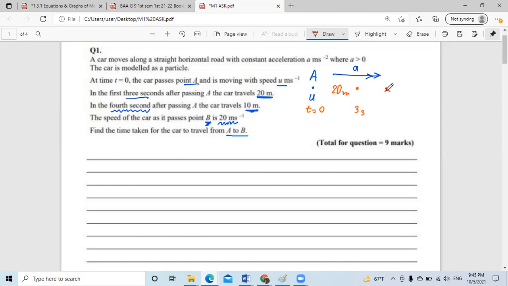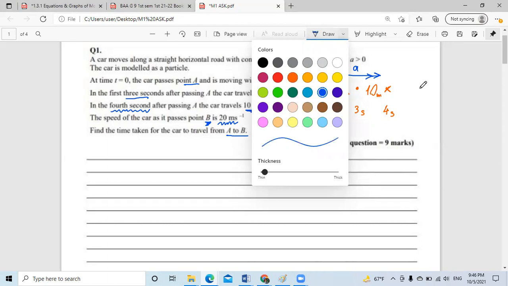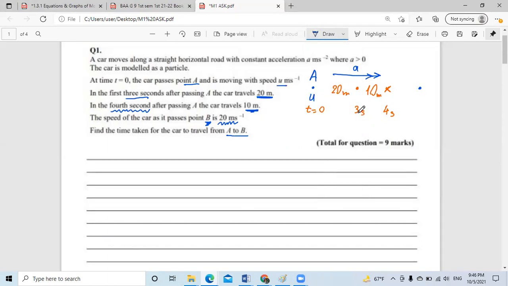At the 4th second, it covered another 10 meters, so the total distance is 30 meters. The point B is somewhere here, and at B the car has a speed of 20 meters per second. By drawing this line, we can find out a lot of information.